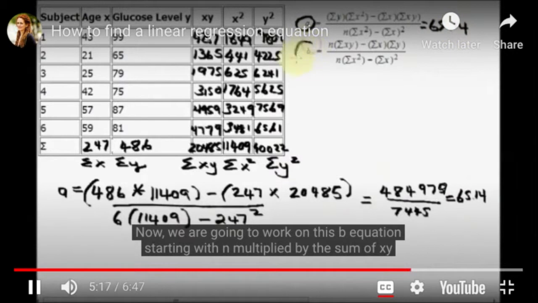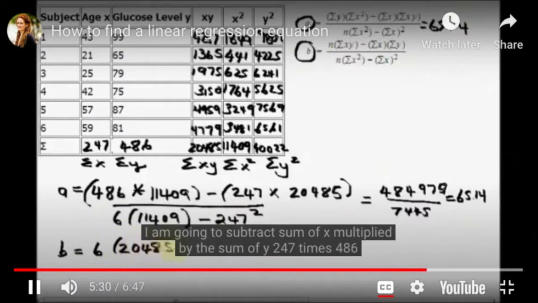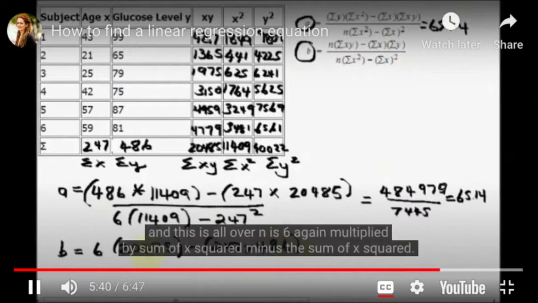Now we're going to work on this B equation, starting with n multiplied by the sum of xy. So you have n, 6, multiplied by the sum of xy, 20,485. I'm going to subtract sum of x multiplied by the sum of y, 247 times 486.